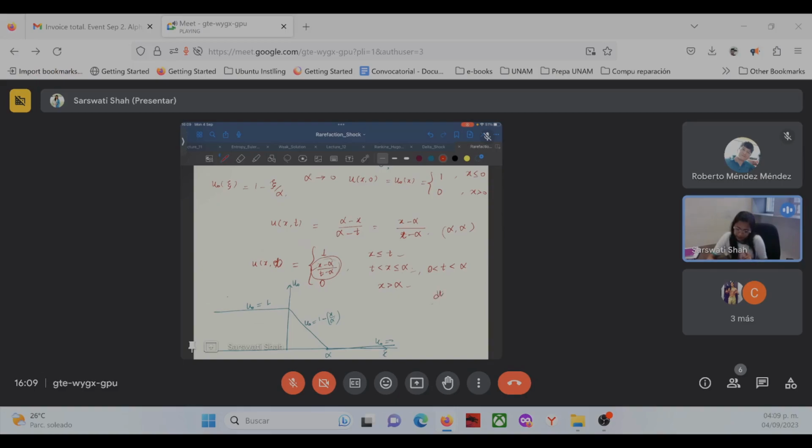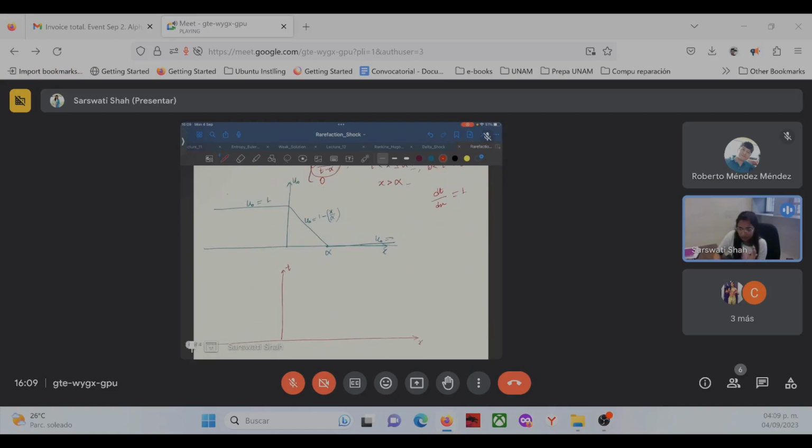So what will be dt over dx? 1. So what will be the slope? 45 degrees. However, when x is greater than alpha, this is 0. So if this is the alpha point, this is going to be a straight line.